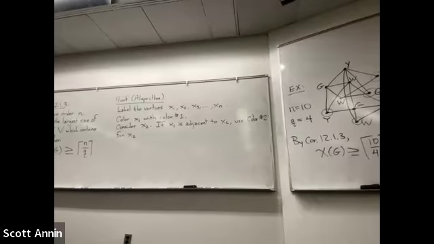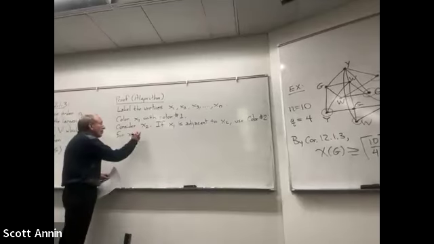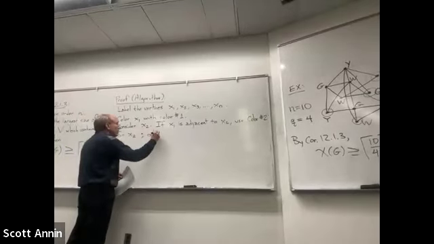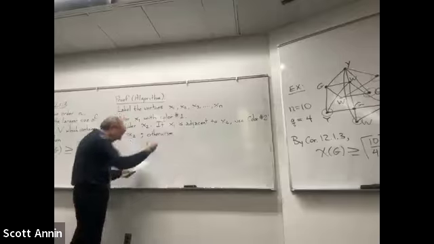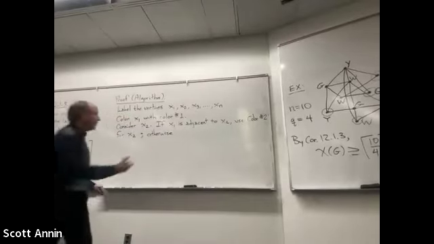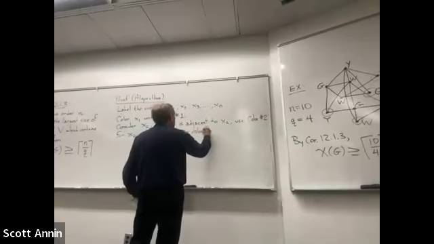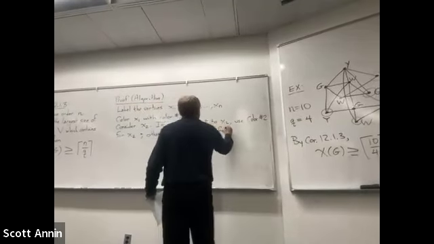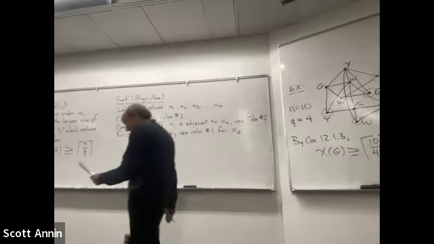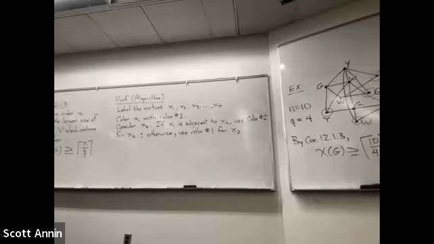Because if there's an edge between them, they should be different colors. That's the rules of coloring that we have. Otherwise, if they are not adjacent, let's reuse color number 1 again. Use color number 1 for x2.